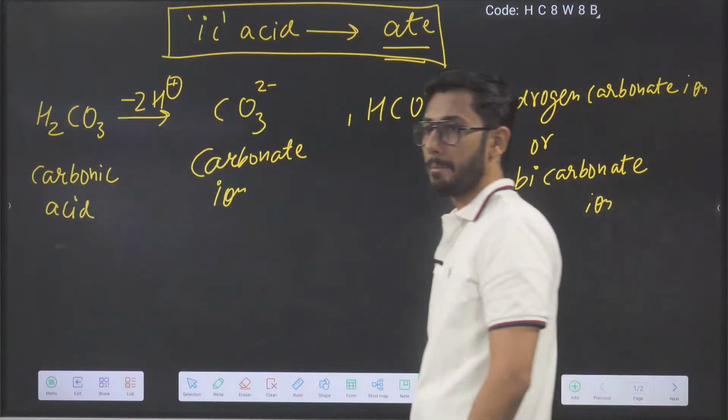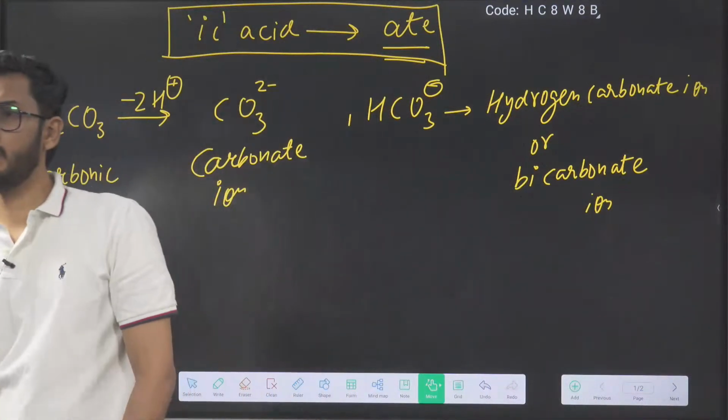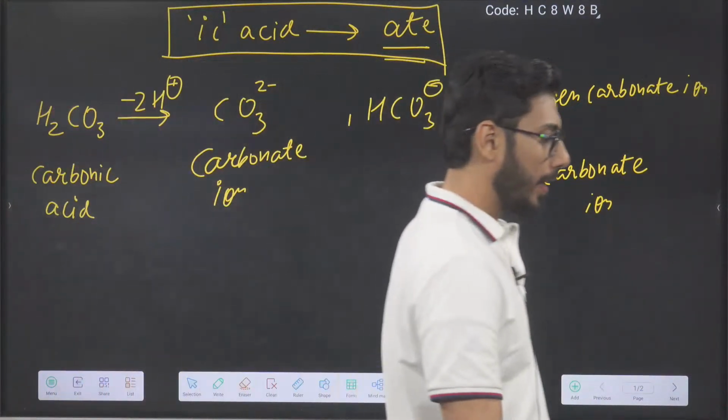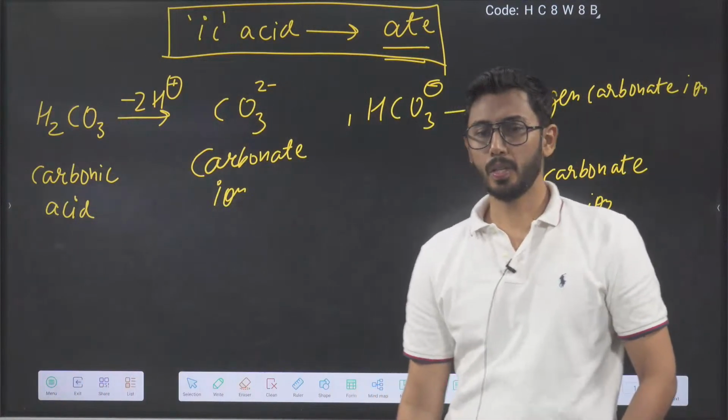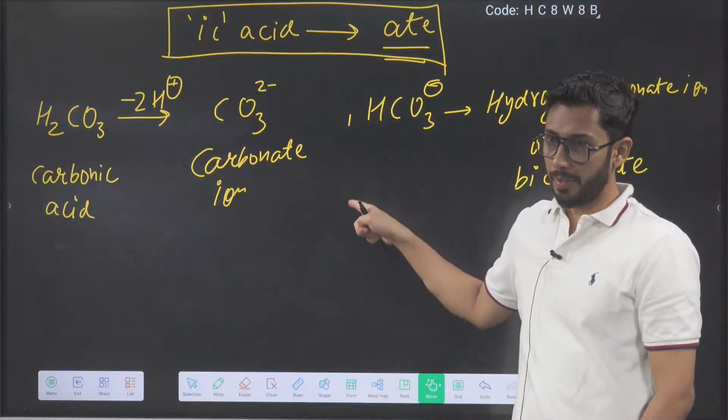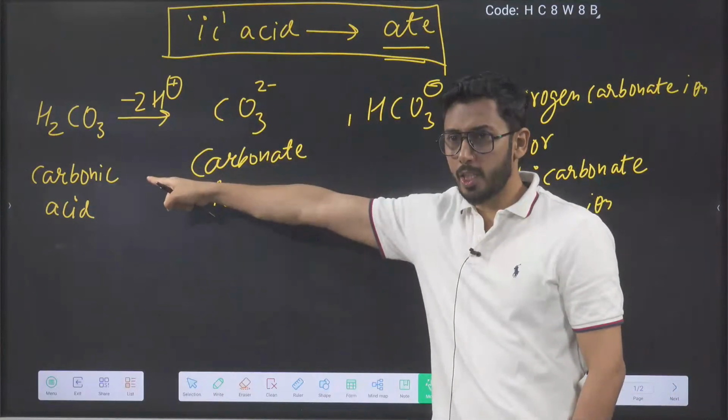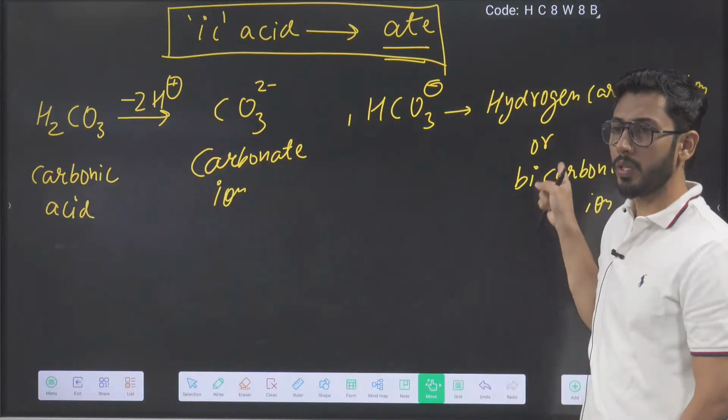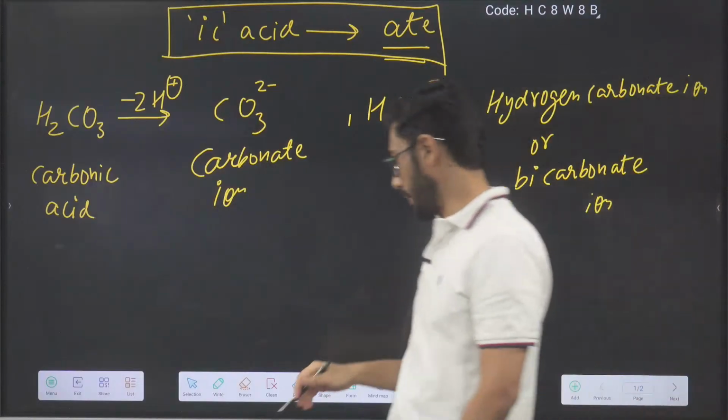Getting it? The suffix ate is used when the parent acid is ic acid: carbonic, carbonate. If you lose only one H plus, its name becomes hydrogen carbonate or bicarbonate.